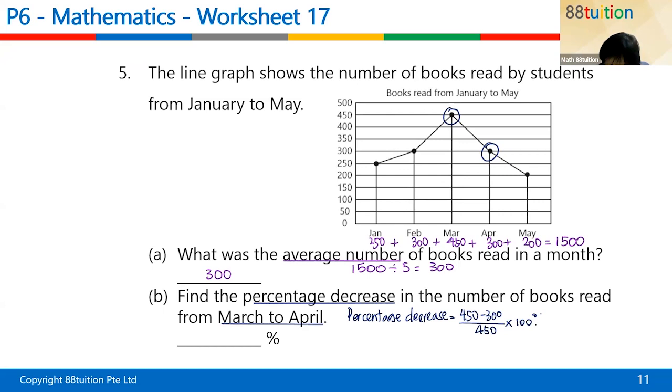Okay, the original is 450. You get 1/3. That is 100 over 3%, and you change it to 33 and 1/3% for this. So far, so good.